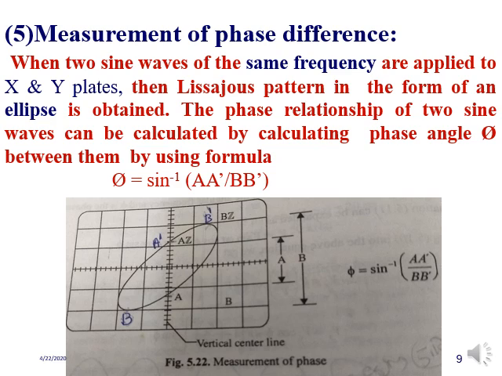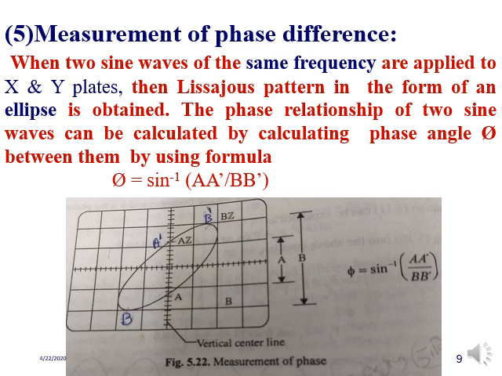You see in the figure, AA' is the length of the minor axis and BB' is the length of the major axis. So in this way you can calculate the phase difference between two sinusoidal voltages given to X and Y plates.